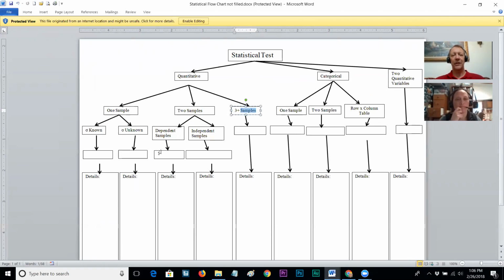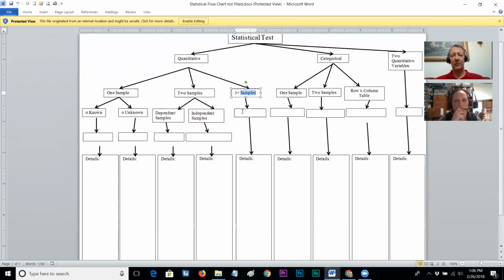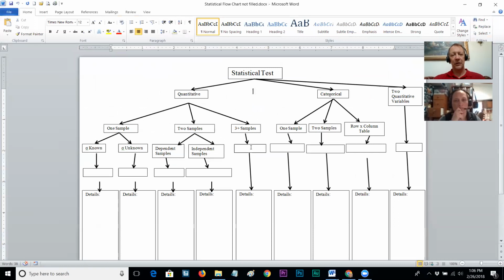If you want to fill this out, 3+ samples would be an ANOVA test. I can't edit this, but you can type in here, this is the ANOVA test.